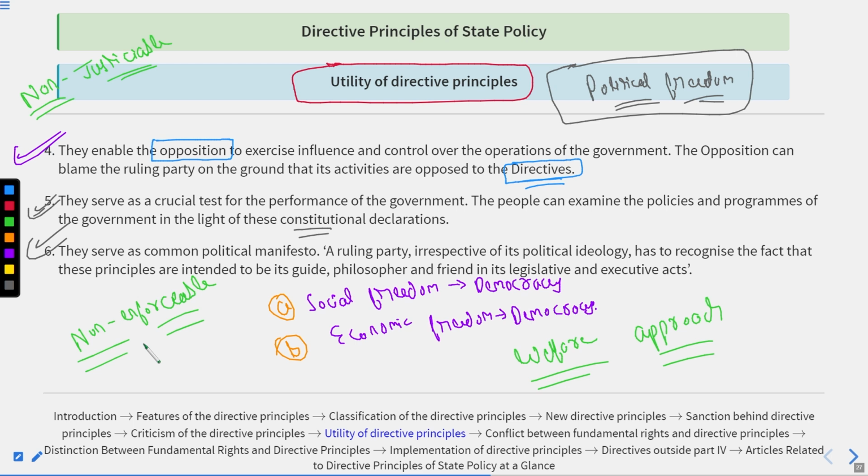Because these are not having any legal mandate. But still, they could be enforced by the people, by the opposition, and even the ruling party indulges these things in its activities so that they could secure the maximum performance, right? All right.